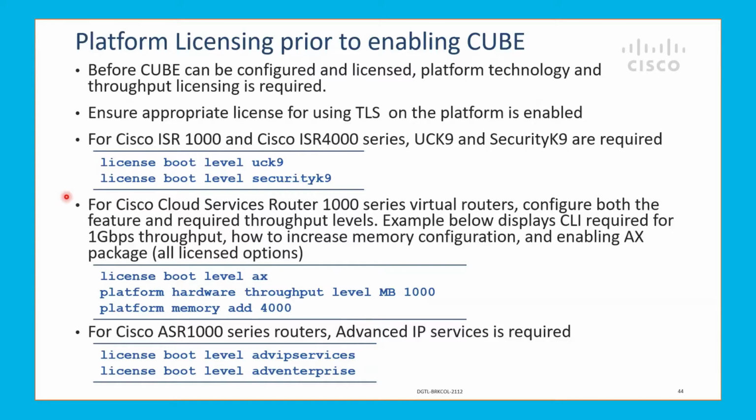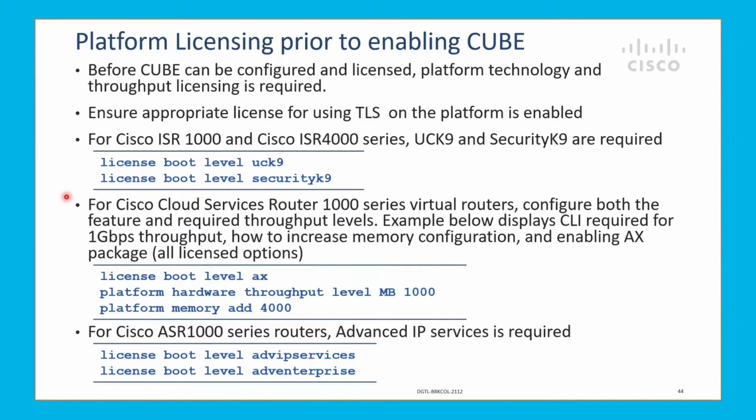For example, the AX package and the Apex package support the vCube option. Between AX and Apex, the difference is that with Apex you don't get SIP TLS and SRTP, just unencrypted Cube call flows. If you're looking for Cube in a cloud deployment as a local gateway, you have to do SIP TLS and SRTP, so you have to have the AX package of the virtual router.